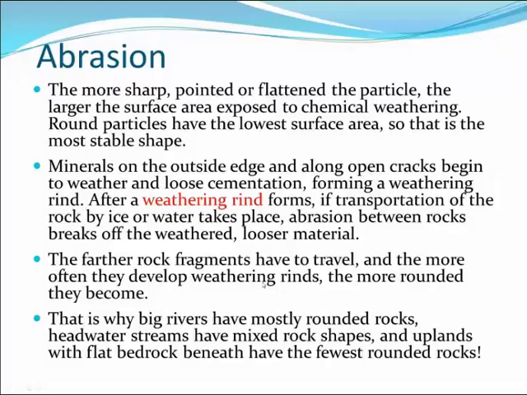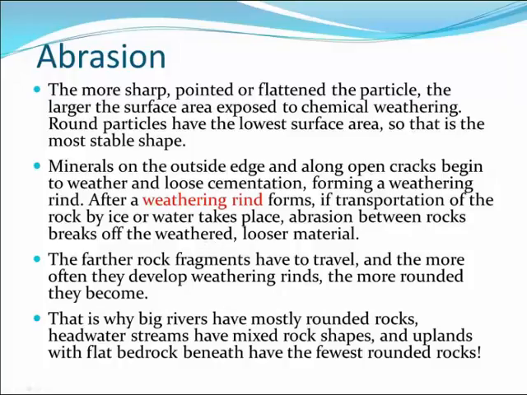And so as rock fragments travel or are transported by ice or water or wind, then abrasion between the rocks breaks off the weathered loose material. Again, it's chemically weathered, and so it is looser, and it does get broken off by the collision between rocks.